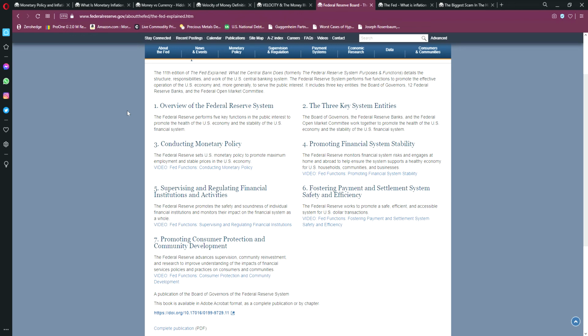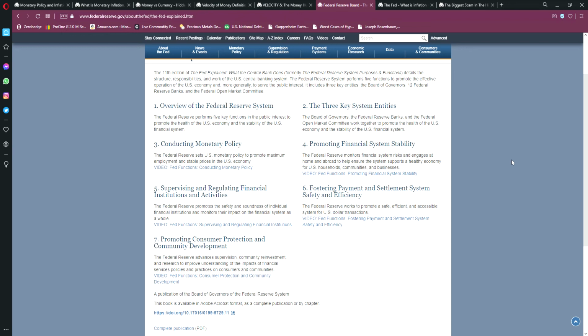Number 3, conducting monetary policy. The Federal Reserve sets U.S. monetary policy to promote maximum employment and stable prices in the U.S. economy. 4, promoting financial system stability. The Federal Reserve monitors financial system risks and engages at home and abroad to help ensure the system supports a healthy economy for U.S. households, communities, and businesses. 5. Supervising and regulating financial institutions and activities.